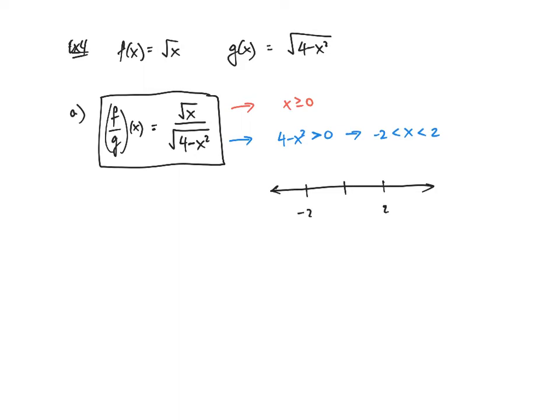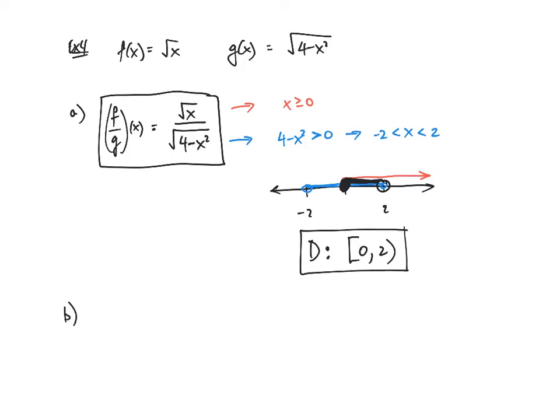And so you'll see that the blue one goes from here to here, so that's the domain of the blue one. And the red one starts here and then goes to the right. So that's the red one. So where do they overlap? Well, they overlap from 0, inclusive, because it's included in both, to 2, non-inclusive. That's where they overlap. So therefore, the domain of this function is 0 to 2.